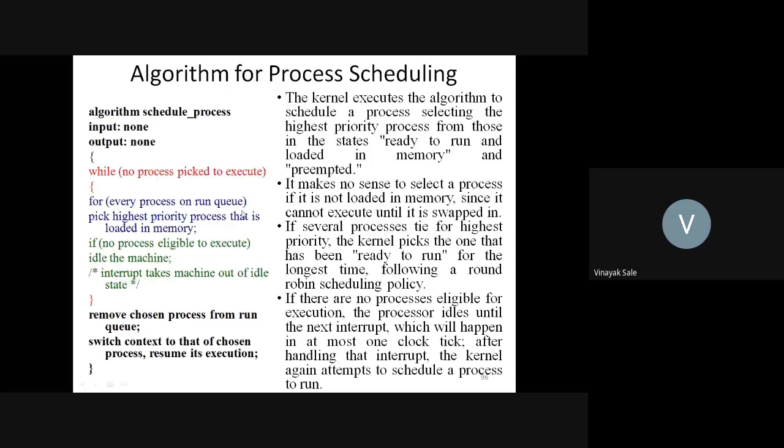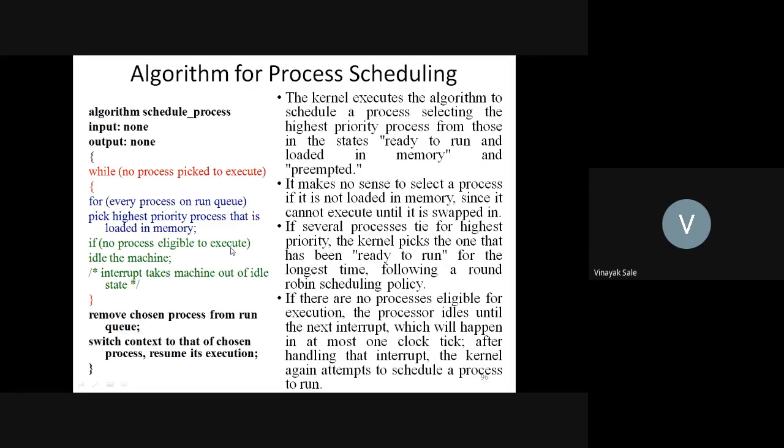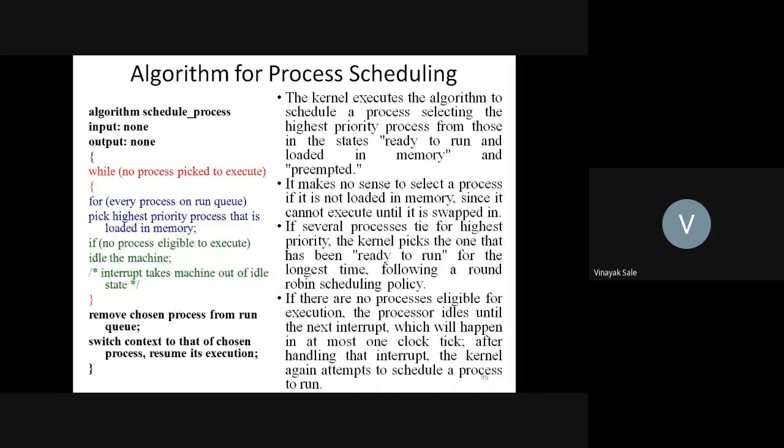If there is a process on the run queue, pick the highest priority process that is loaded in memory. If no process is eligible to execute, then the machine goes to the idle state. Then remove the selected process from the run queue, switch the context to that of the selected process, and resume its execution.